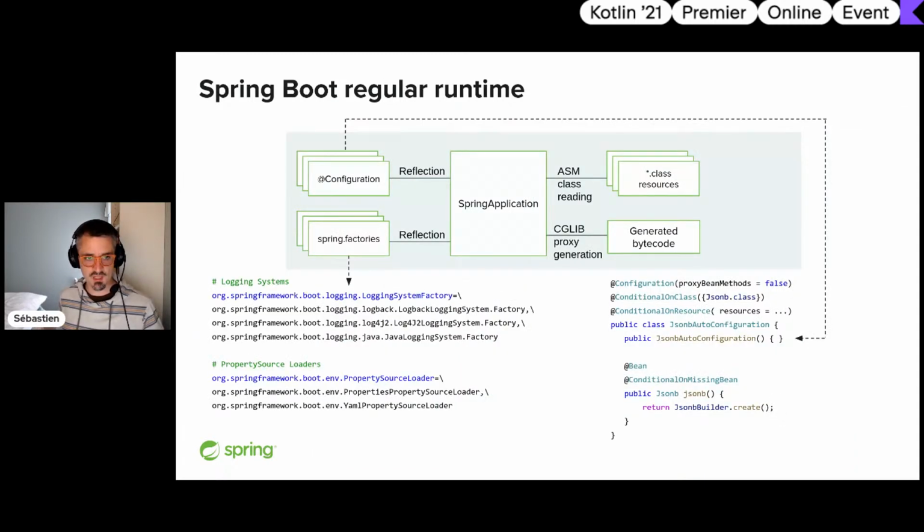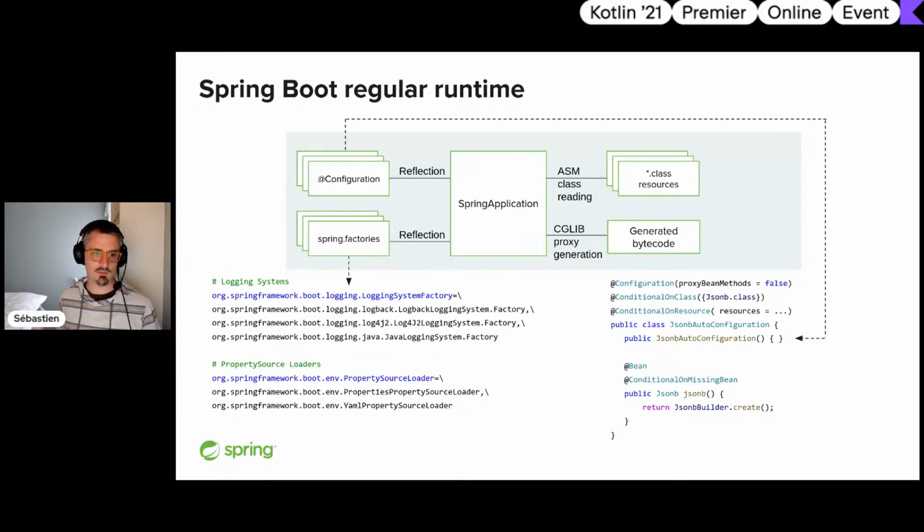So this is basically what happens for a regular Spring Boot application at runtime. You have your Spring application where you are using runApplication, for example in Kotlin, to start your Spring Boot application. It's going to use ASM class reading to select very quickly what are the configurations that are useful for this Spring Boot application. Then it's going to use reflection to process your @Configuration files from your application and from Spring Boot.